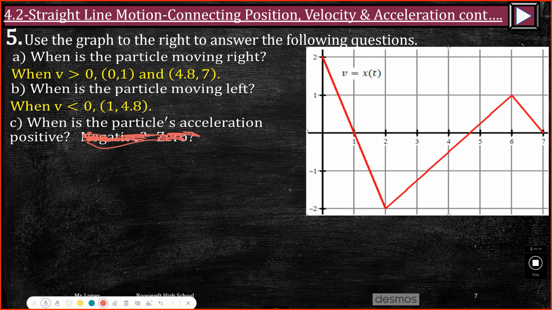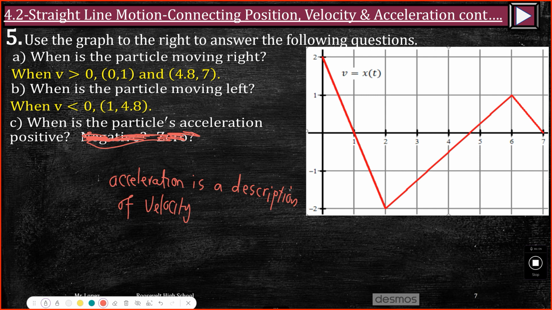One way to look at it is a description of the velocity. So acceleration is a description of velocity. What do I mean by that?